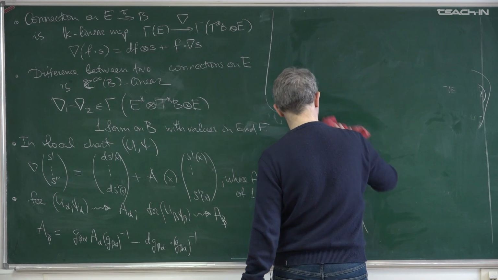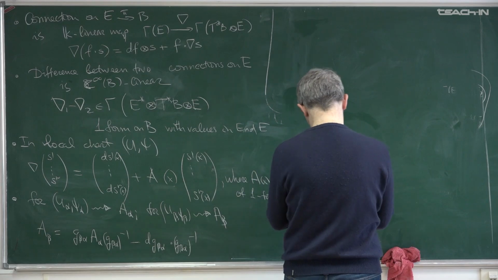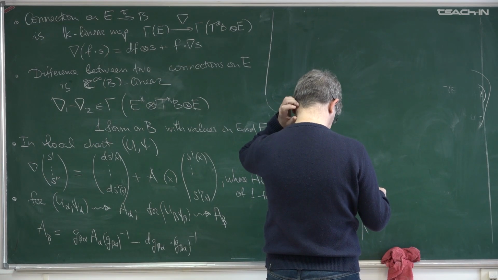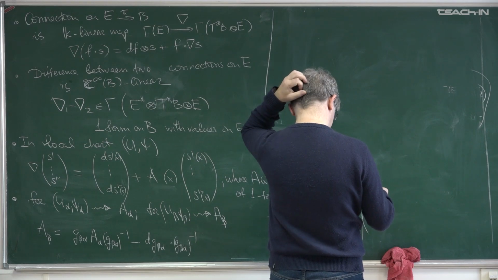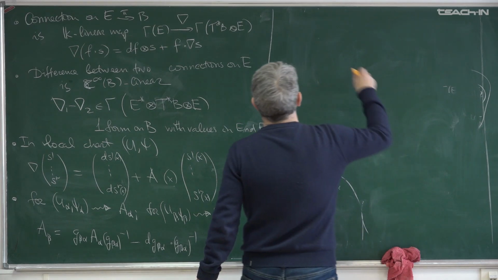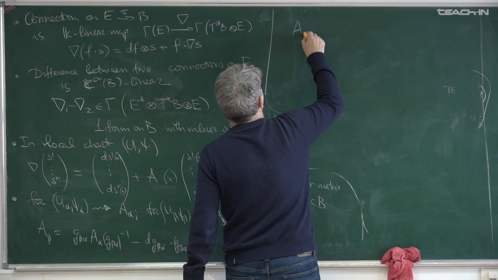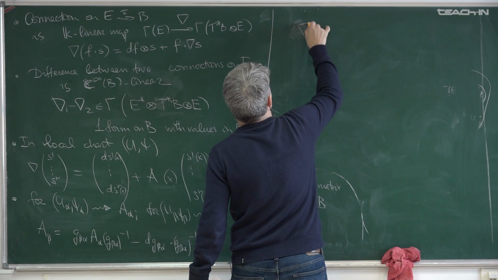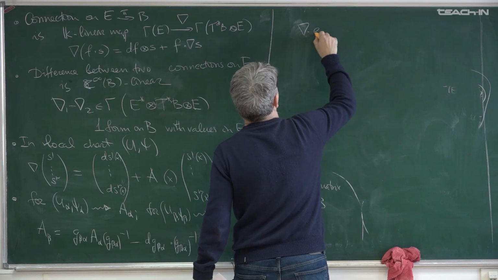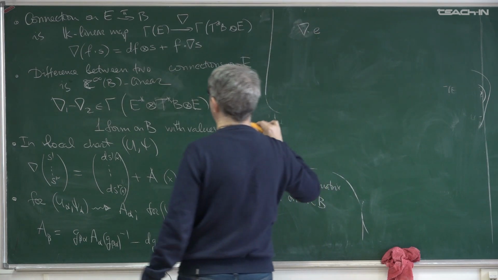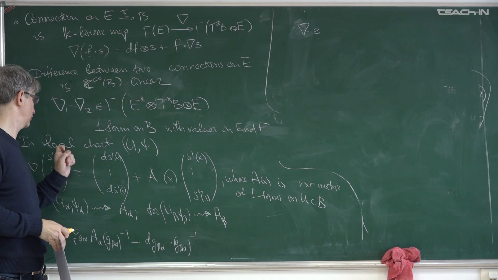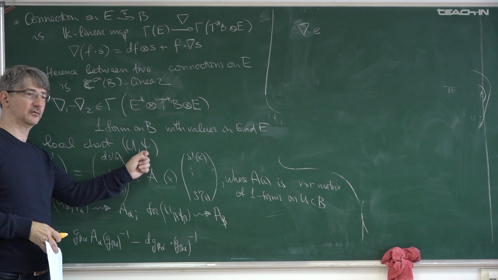I want to add more details, writing specific formulas. Namely, then you take the covariant derivative of a. So let me repeat. If you took a local chart, then you already took a trivialization.